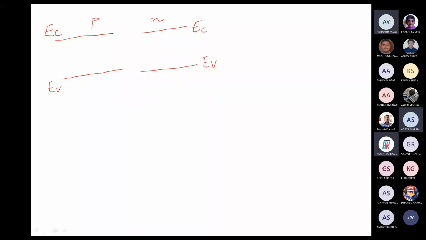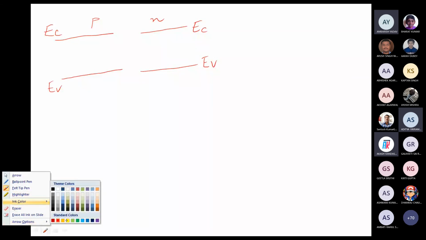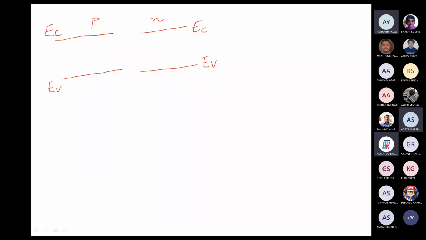We have not discussed, I think, so far, but it is important to introduce one more thing here, which actually makes the difference between these two materials. We know that in the P type mostly the electrons are in the valence band, whereas in the N type mostly the electrons are in the conduction band.